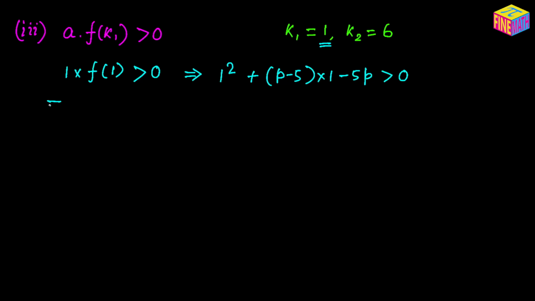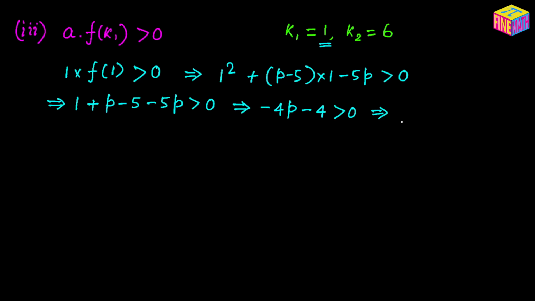And then from here, what do we get? Well, we get 1 + p − 5 and then −5p. This has to be greater than 0. And from here, what do we get? Well, if we simplify further, we'll have −4p − 4 greater than 0. Now if we divide both sides by negative 4, we will get positive p and a positive 1. The inequality sign will flip.